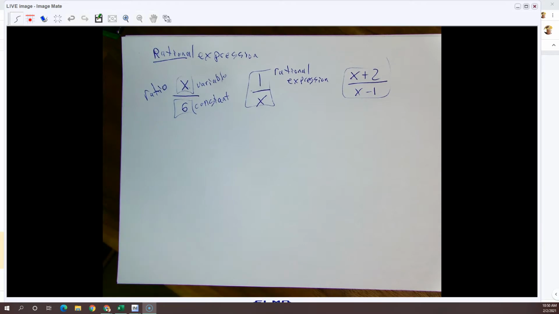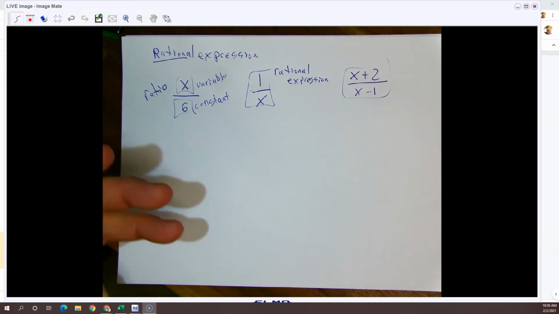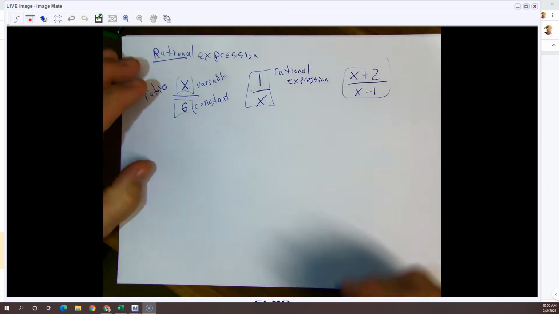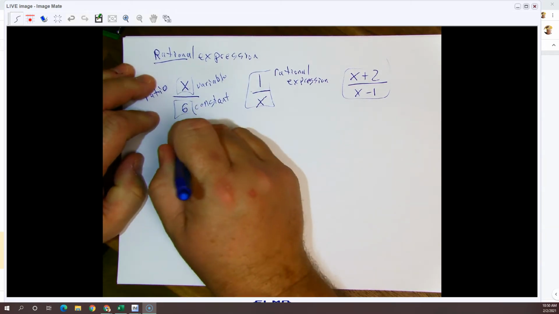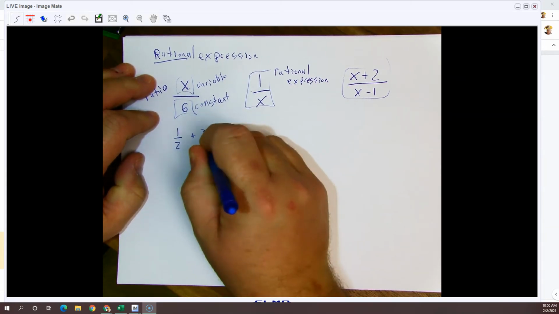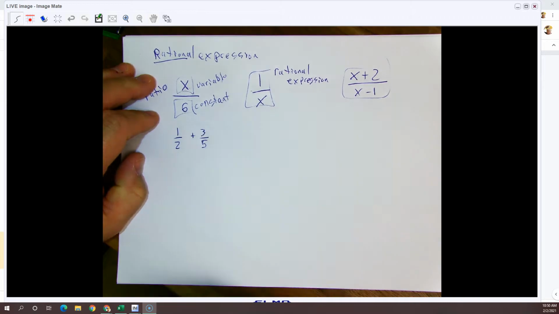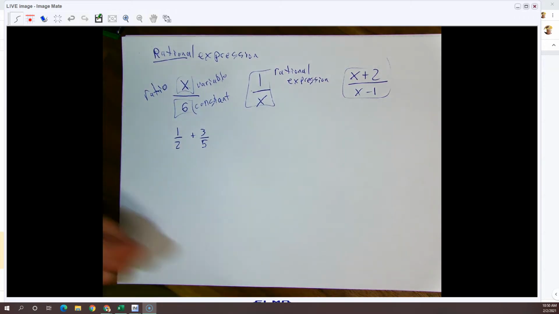Now, you'll notice that these rational expressions are fractions. The good news is we can use rules of fractions to do all of the rules for rational expressions.